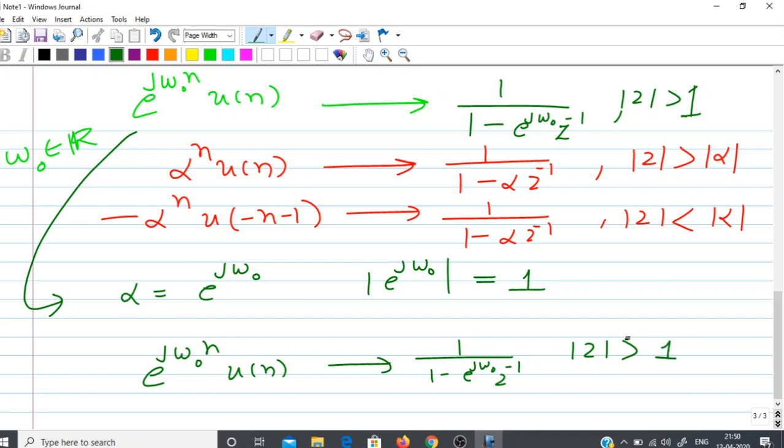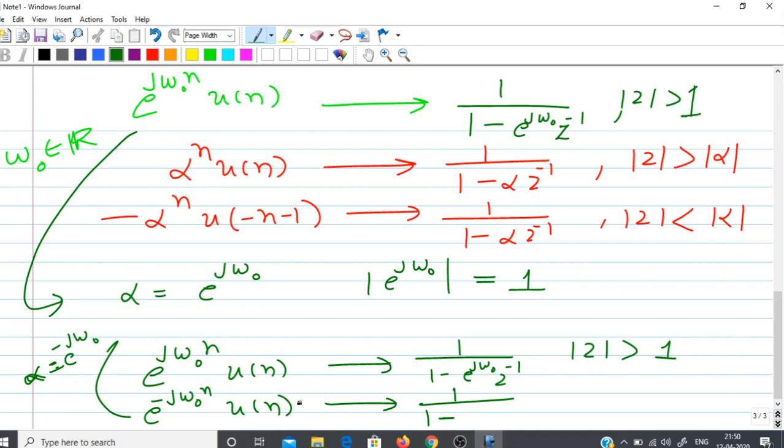Now, instead of this, if I ask what is the Z transform of e to the power minus j omega naught n u[n]? The problem is the same. Here, what is our alpha this time? If you compare, alpha is e to the power minus j omega naught, and there is no other change. So what would be the Z transform of this sequence? Again, 1 upon 1 minus alpha, what is alpha this time? e to the power minus j omega naught.